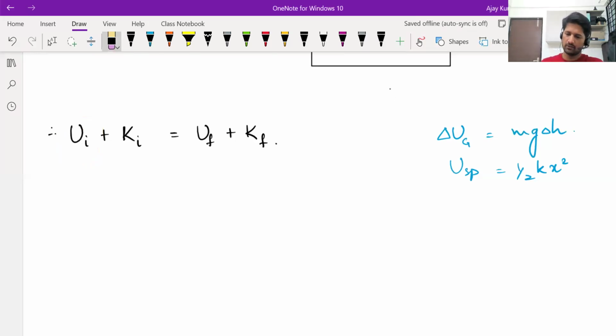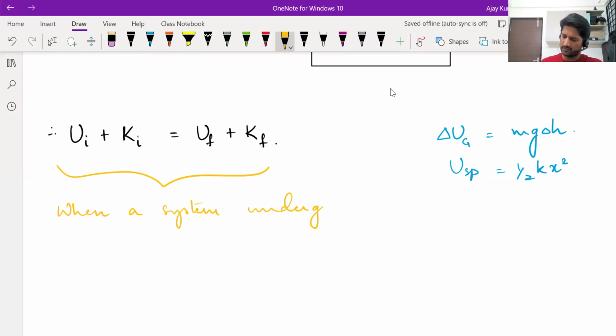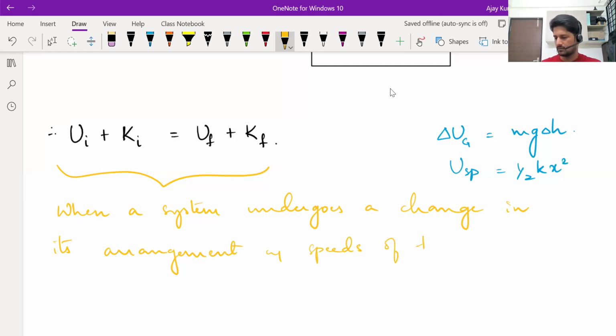Therefore, you will apply mechanical energy conservation when a system undergoes a change in its arrangement and the speeds of the objects change during the process.